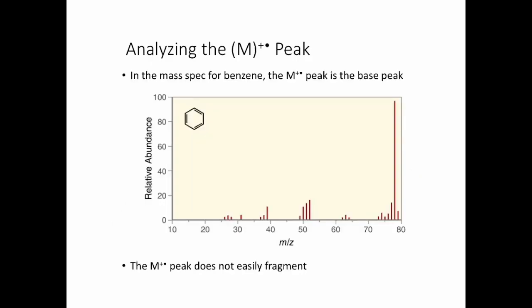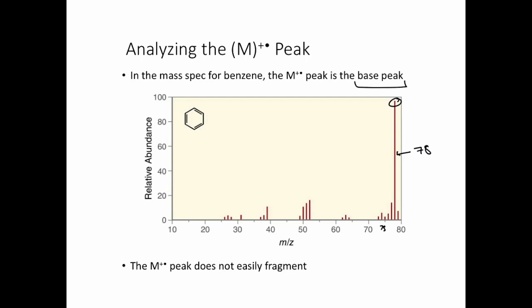Let's look at this example mass spec for benzene. Over here at the right, this would be 75, 76, 77, 78, we have the tallest peak, which is by definition our base peak, our most abundant peak.